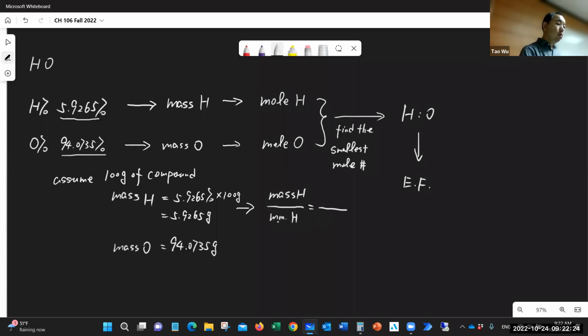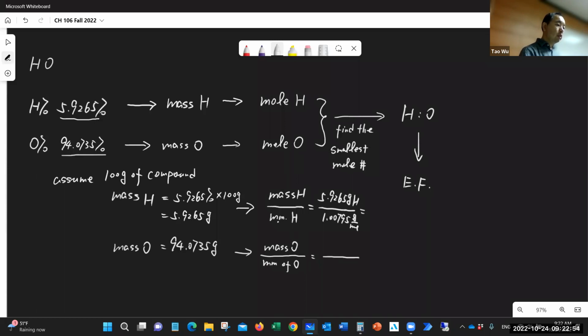So now we have 5.9265 grams of hydrogen. You divide by the molar mass of hydrogen, which is 1.00795 grams per mole. Now you figure out the moles of hydrogen. Oxygen is doing the same thing. You have the mass of the oxygen and you divide by the molar mass of the oxygen.